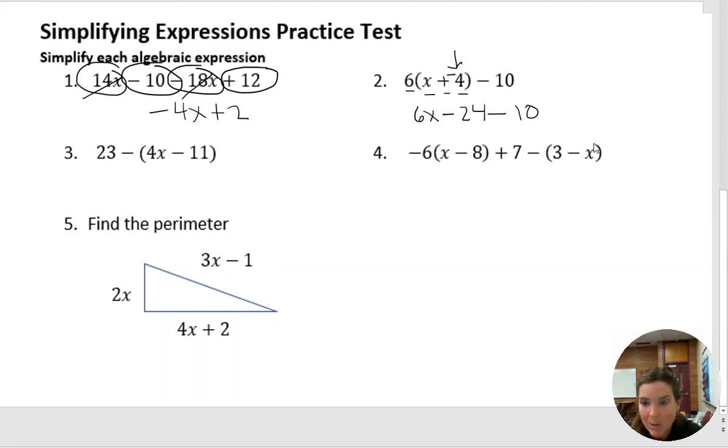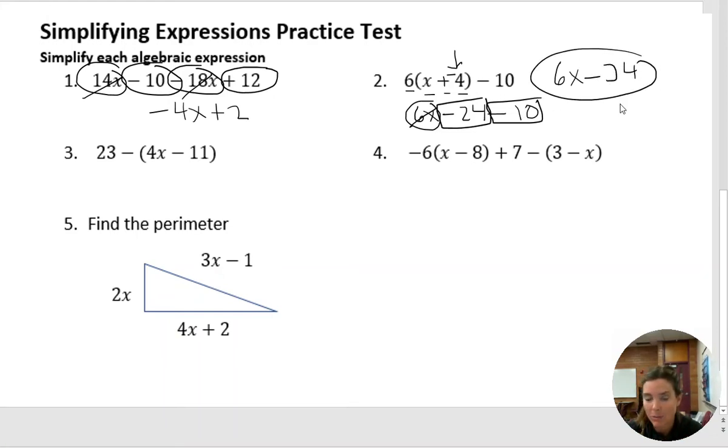So at this point, when we combine our like terms, there is no other term that just has an x. So we're going to have a 6x. And then we have a negative 24, and we have a negative 10. If we're already negative and we go more negative, we add these two numbers together, and that would be a negative 34.